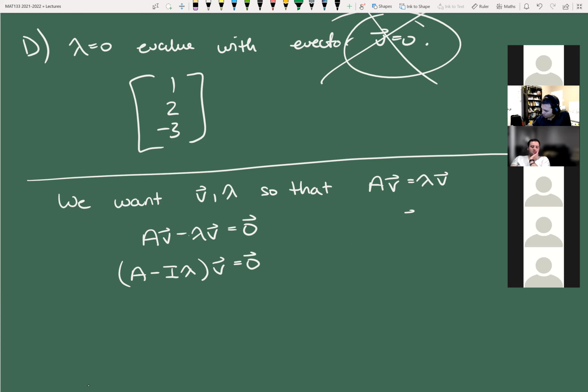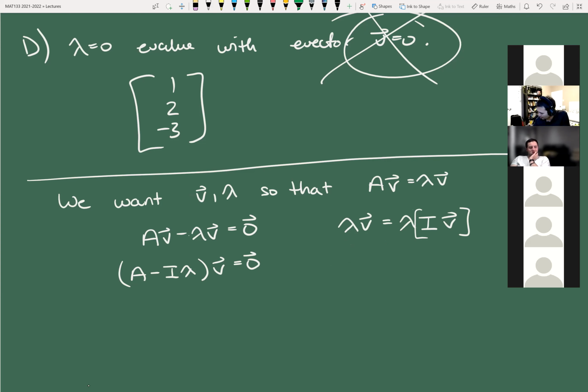So what we can do is, instead of writing lambda V, let's write that as lambda times the identity matrix times V, because the identity matrix times V is just V. And what this allows me to do is actually factor out the V, because the identity matrix is the correct size so that I can do the subtraction between A and lambda I. So I've just written V as I times V so that I can factor the V out.